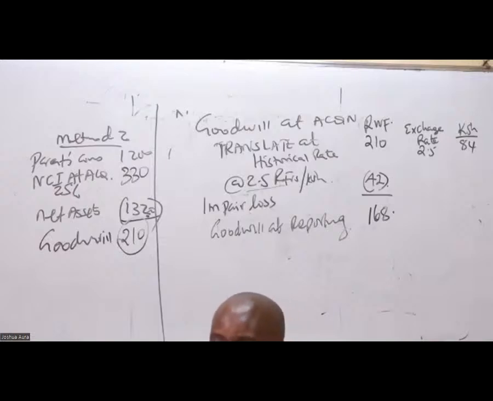I can see most of you are talking about the 10% rule. Disclosure requirements. What are you supposed to disclose, ladies and gentlemen? Number one, you must tell us the criteria that you used to arrive at the reportable segments.